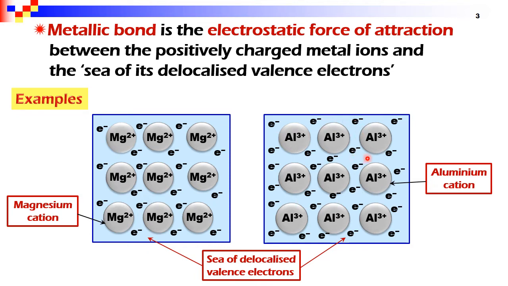So the electrons are forever on the move. That is the reason why we label it as a sea of delocalized valence electrons. The word delocalized here means the electrons are forever moving or changing location.